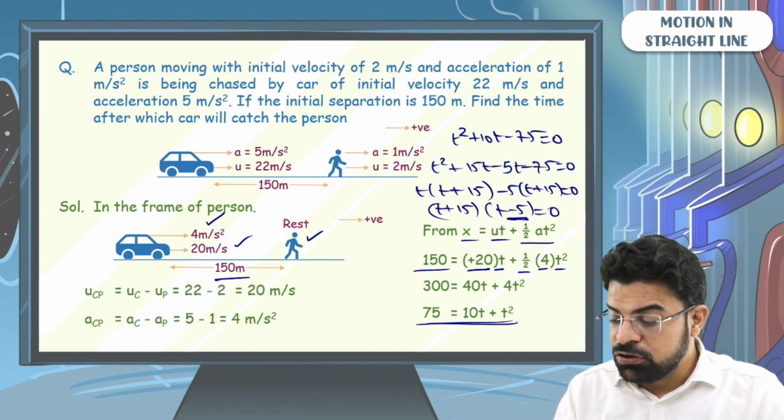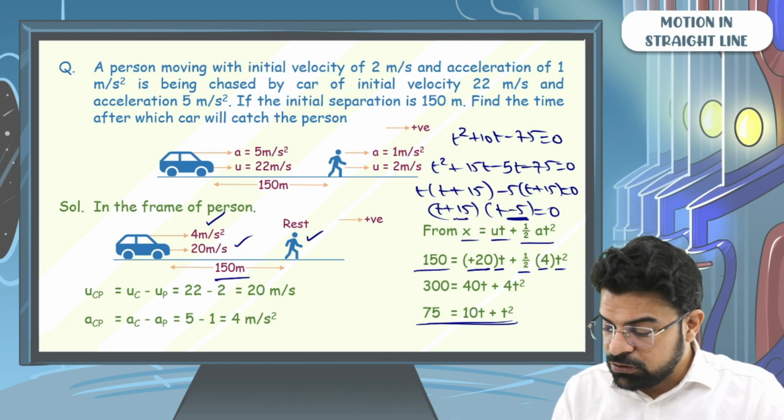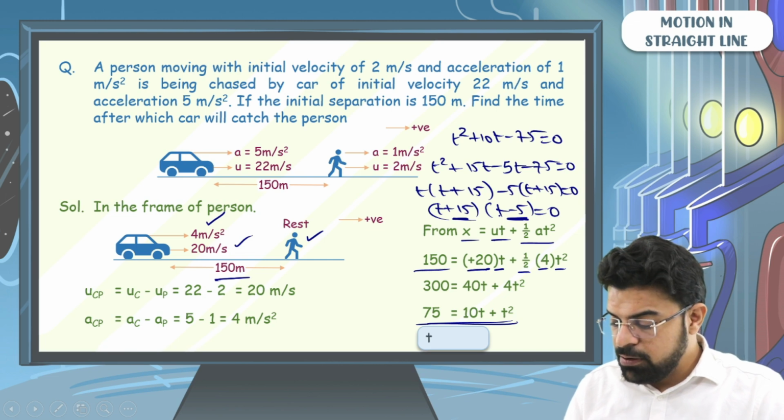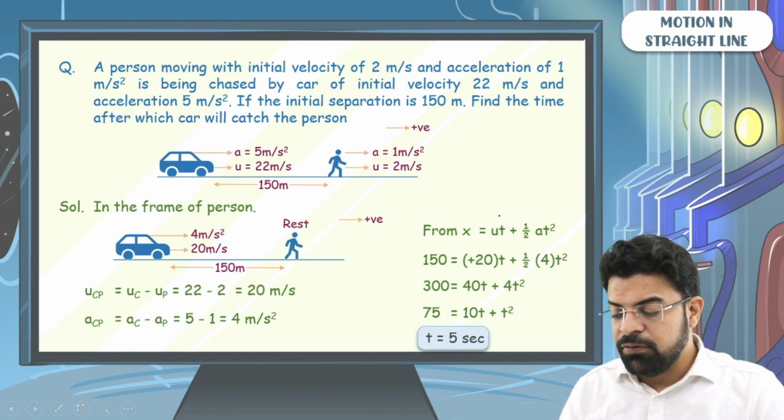Either t equals plus 5 or t equals minus 15. Minus 15 is not possible, so the answer has to be 5 seconds. The time taken will be 5 seconds.